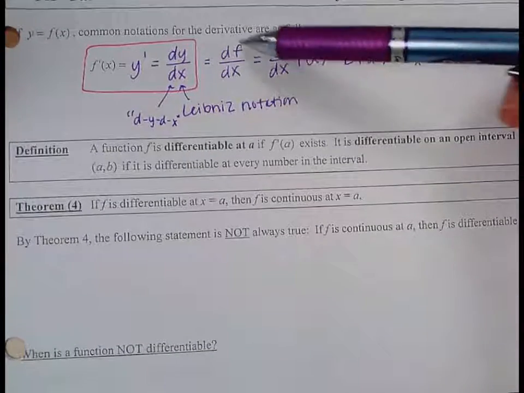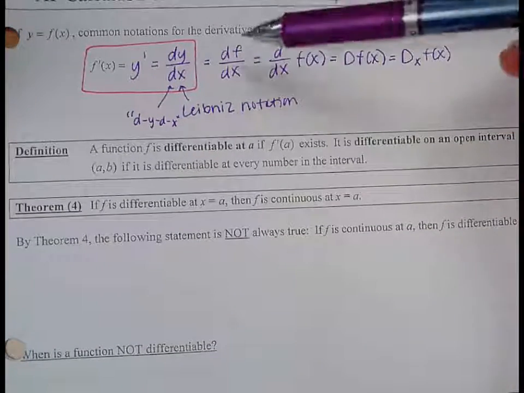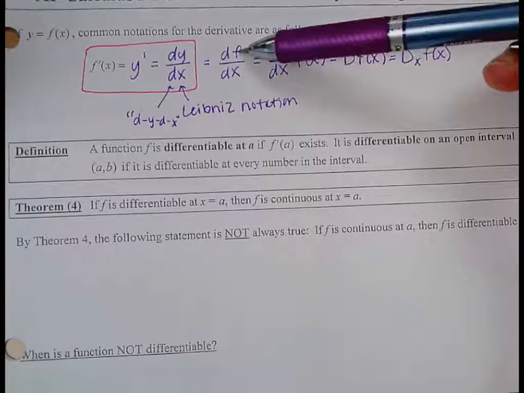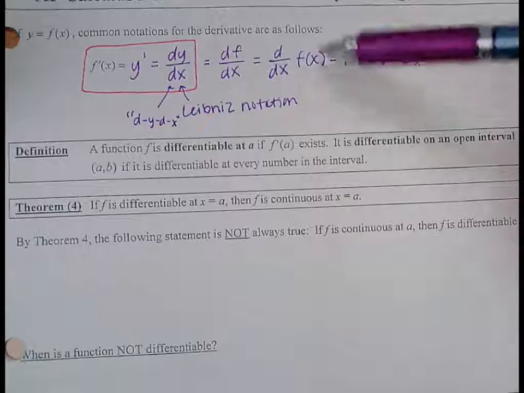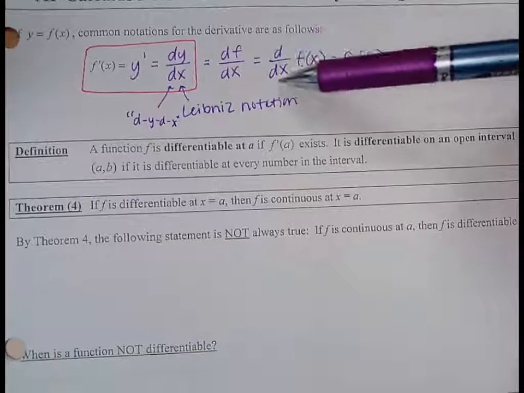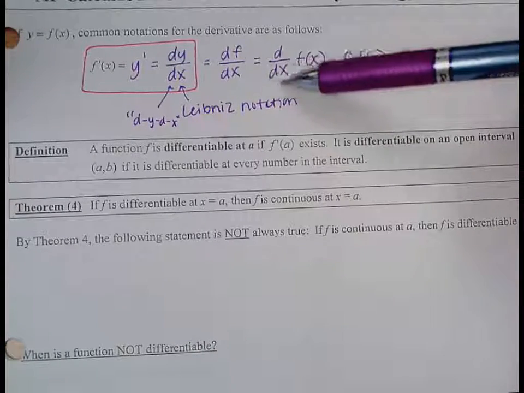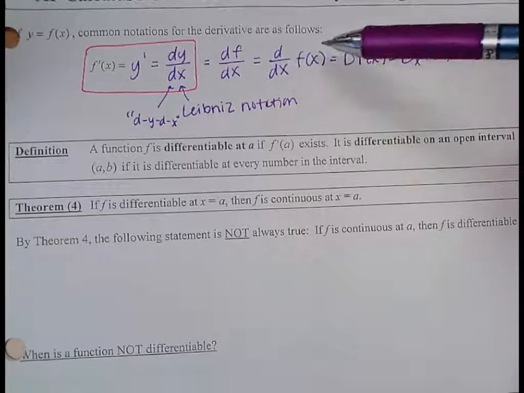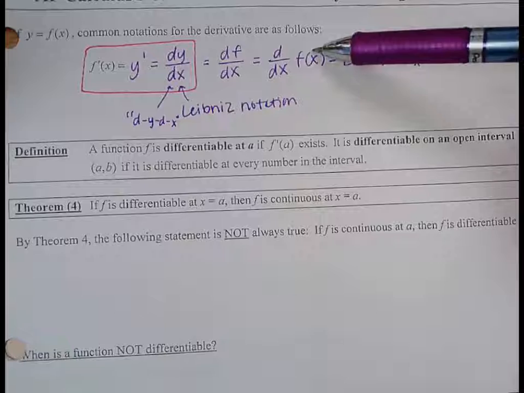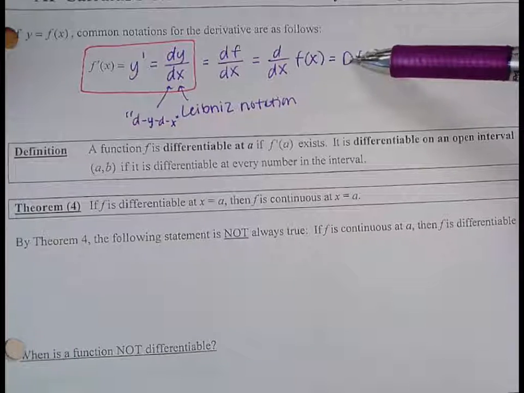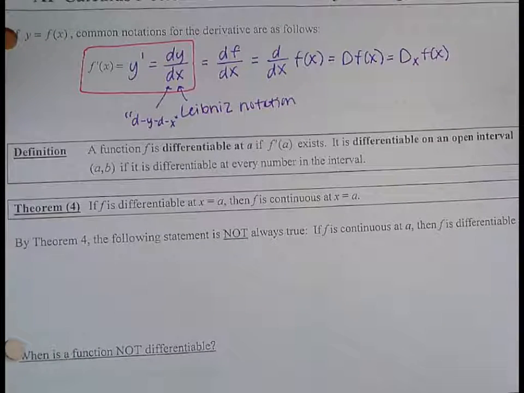The one that's following it, the df dx, would just mean the derivative of the function f with respect to x. This here as well, the d dx, means you're taking the derivative with respect to x of whatever follows, so the derivative with respect to x of the function f of x, and that's also what the capital D means.